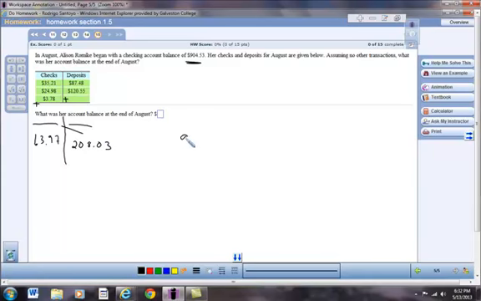So she starts off with $904.53. Deposits a total of $208.03. But then has checks for that amount. So those checks are going to lower her balance. So that we're going to subtract.